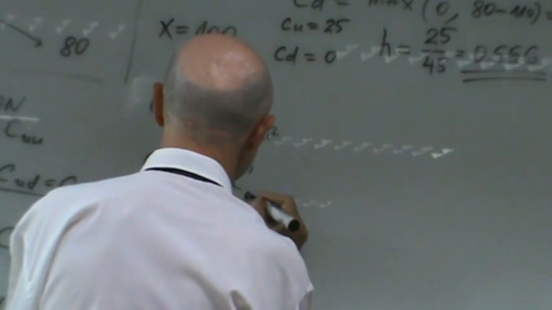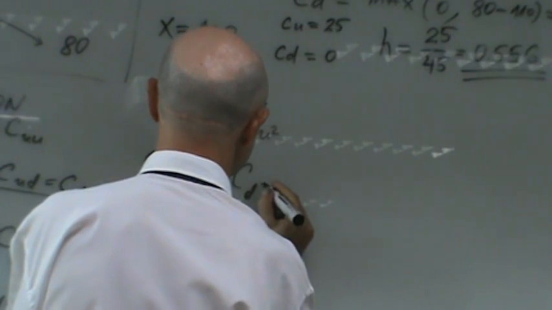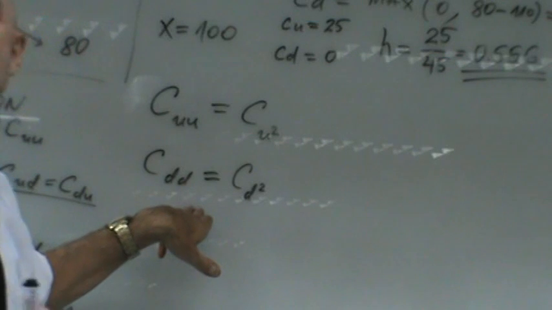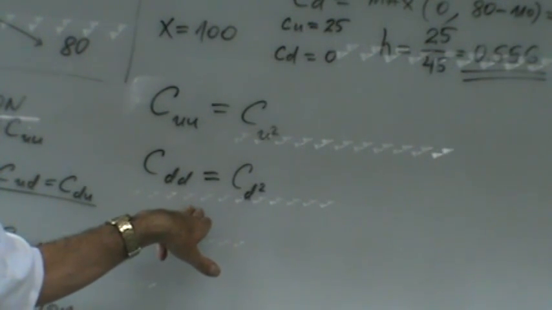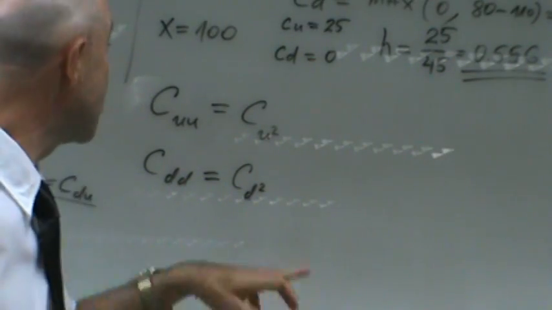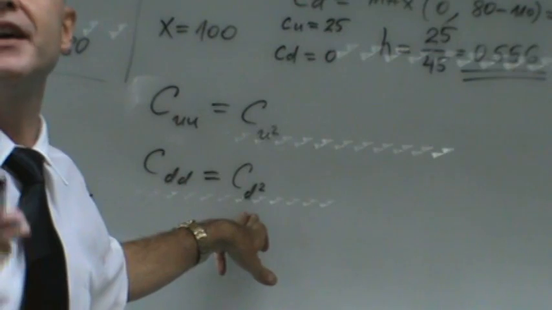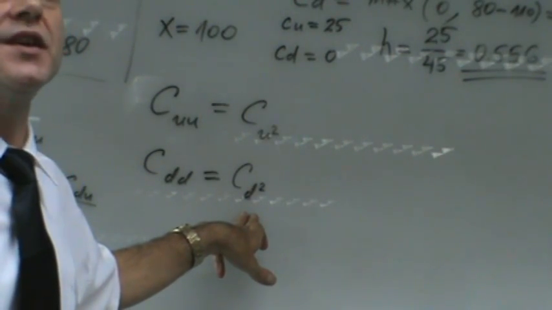CDD is equal to CD squared. Now, you'll ask, well, we're not gaining anything from this notation, and it's absolutely true, but this notation is a little better, and I can show you immediately why.